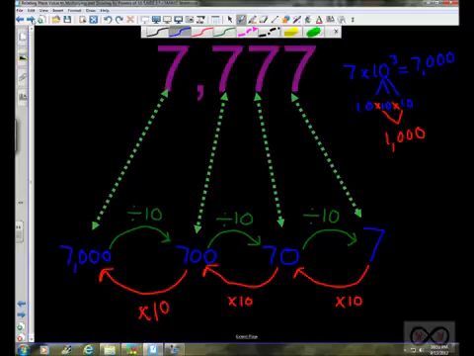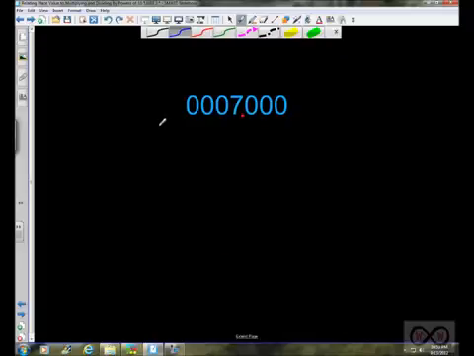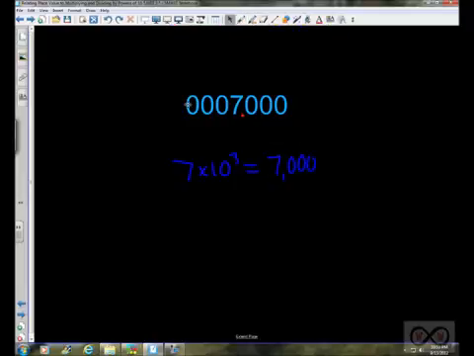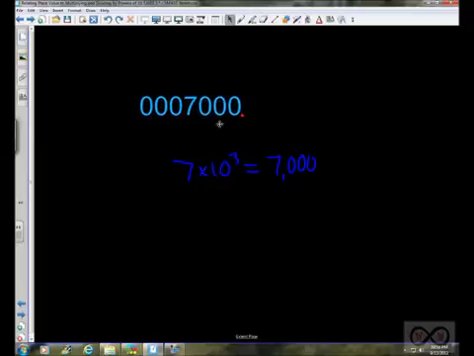Now I also want to show you something in terms of the decimal point. We've got the same problem: 7 times 10 to the third equals 7,000. We know that now. But look what happens to the decimal point. The 7 itself is moving to the left 1, 2, 3 places, and the decimal point appeared to move to the right.